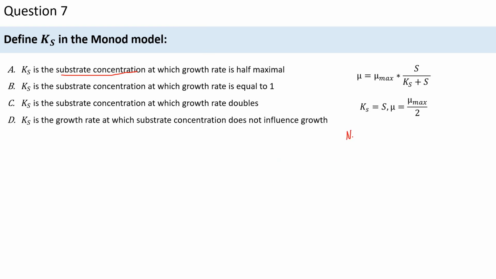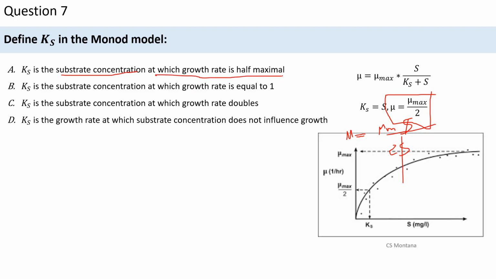Mu is equal to mu max S divided by, when Ks is equal to S, S plus S, which is 2S, and S gets cancelled. So mu is equal to mu max divided by 2, right? So what they are saying is half maximal, at which the growth rate is half maximal. So the right answer is this only.